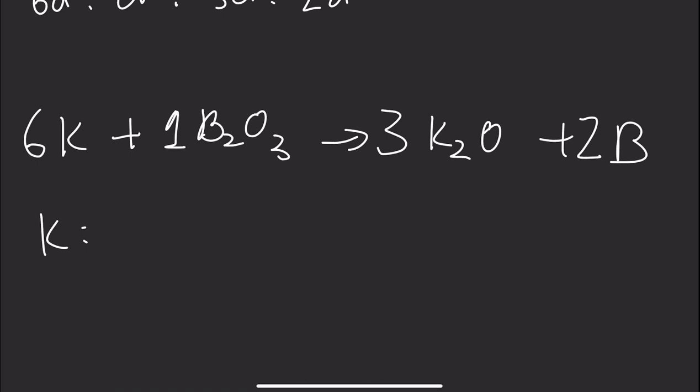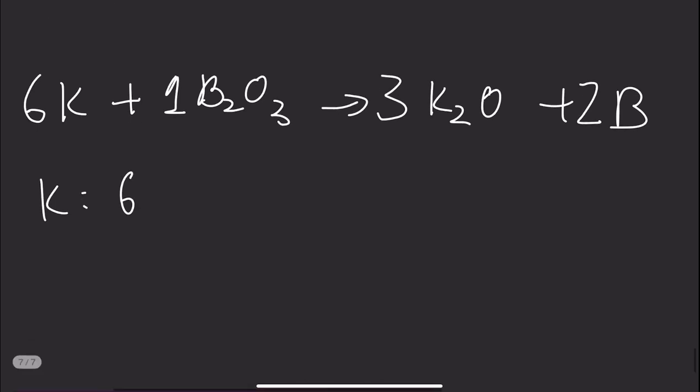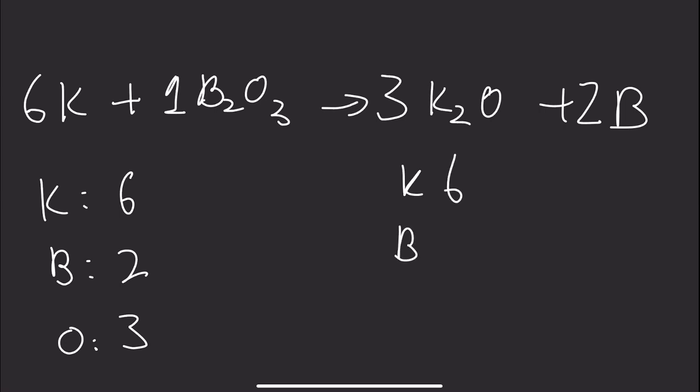For K, that's 6. B, that's 2. O, that's 3. On the right side, K, that's 3 times 2, which is 6. B, which is just 2. And then O, 3 times 1, 3.